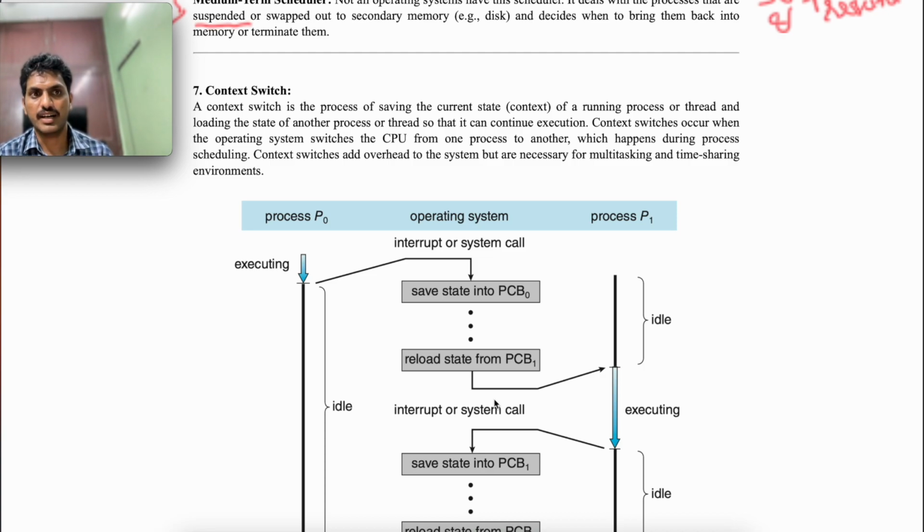When you are stopping a running process, or suspending that process and giving a chance to another process on the CPU, the process you are suspending or stopping temporarily should be saved properly.